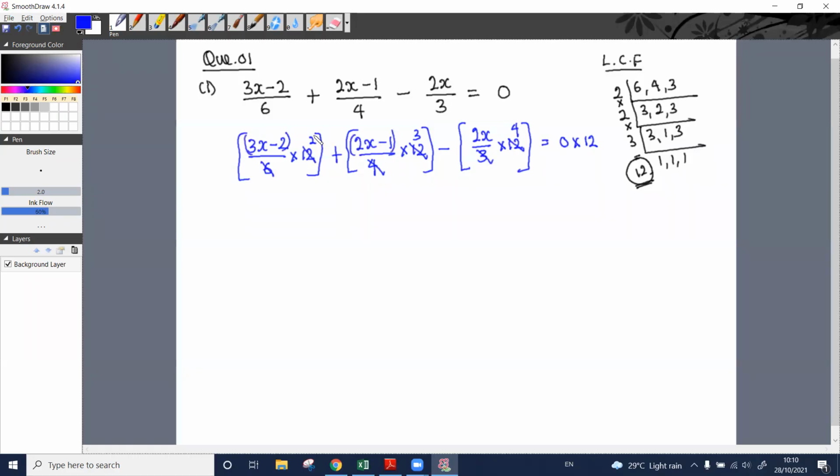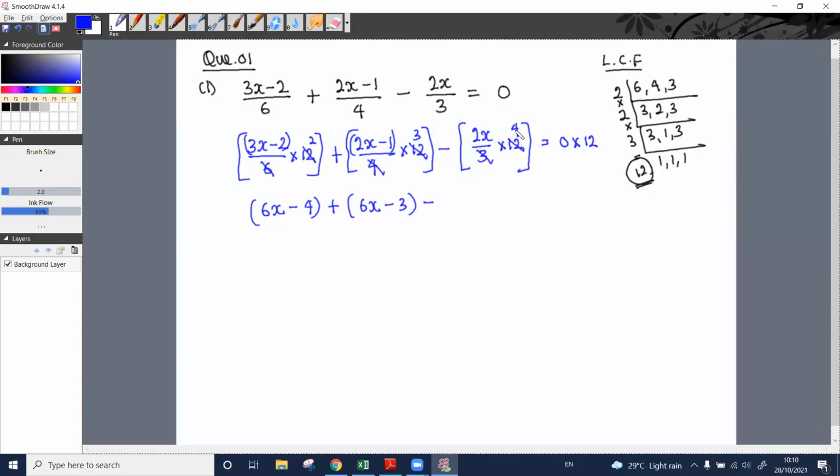Now here 2 into 3x, that is 6x. 2 into minus 2, that is minus 4. Plus here 3 into 2x, that is 6x. 3 into minus 1, that is minus 3.